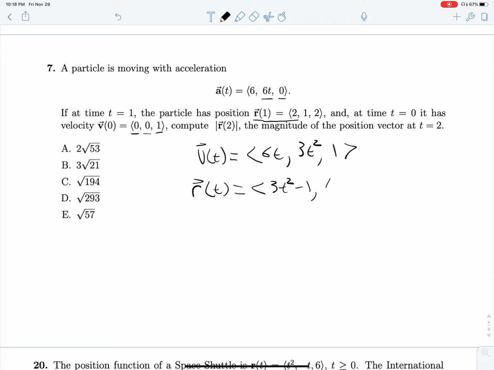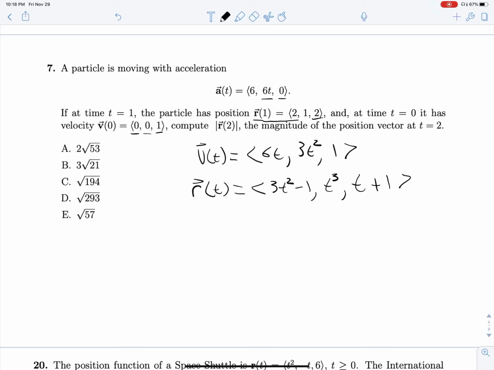And then over here, t cubed, r of 1, that's already good, so we don't need to add anything. And then we will get t plus 1 over here to get our 1 plus 1 for 2 over there. And we're looking for the magnitude of the position vector at t equals 2. And we can just plug in 2 before we do anything else.